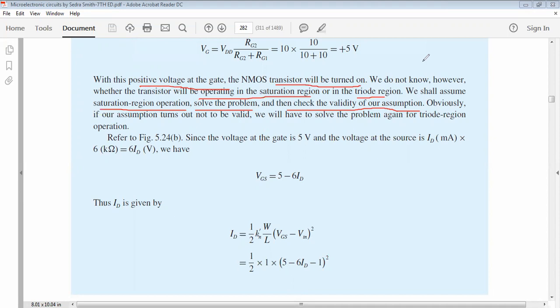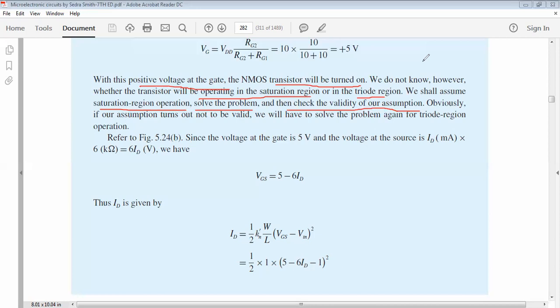If the values do not satisfy the saturation condition, that means the device operates in the non-saturation region, and we have to calculate the non-saturation current again. Why? Because in a MOSFET, the saturation region has one current expression and the non-saturation region has another.